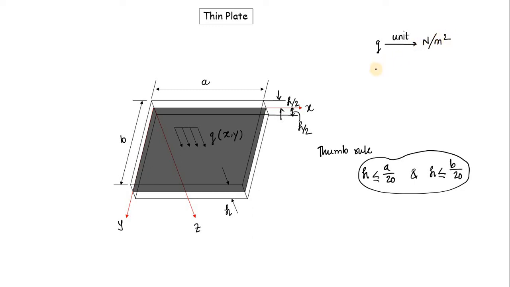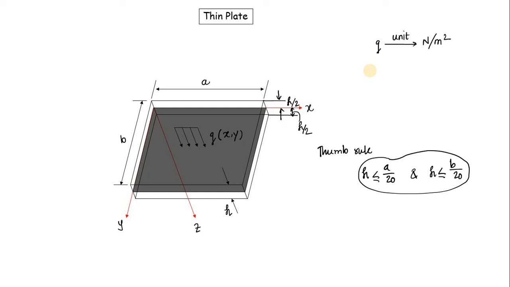This load on the plate is known as bending load. That means the plate has the capability to resist the bending load by bending its shape. So when its shape is bent, it should be capable of resisting this bending load.